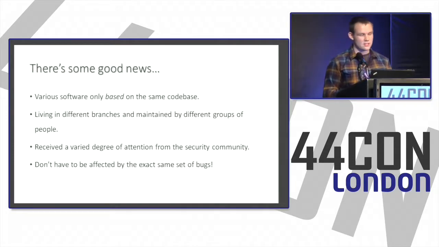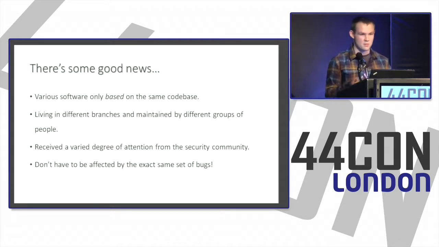But there is some good news. While the code base of those font engines is common for them, it was only the same like 20 years ago, but since then different teams and different people have been managing it at different companies, so they might not be affected by the same set of bugs really, because they have been receiving various degrees of interest by the security community.